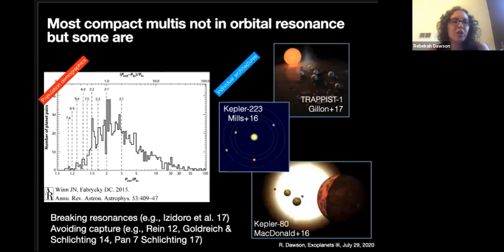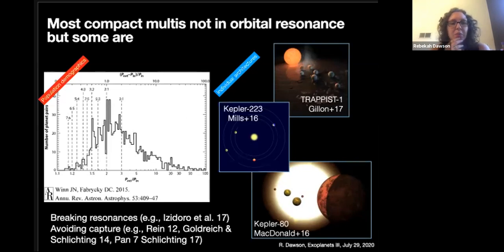Then from the individual architecture side, even though most compact multis are not in orbital resonance, some are, and some of them have been extremely well characterized so that we know the resonant angle and the eccentricities. I'm showing some examples of systems with resonant chains, where multiple consecutive planets are in orbital resonance.